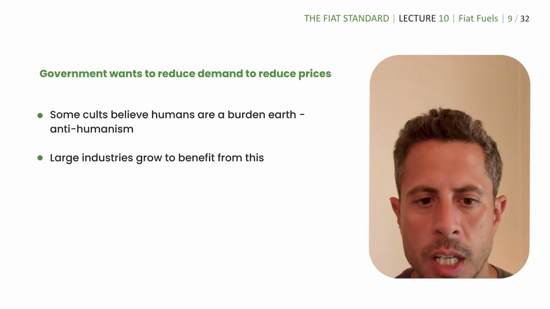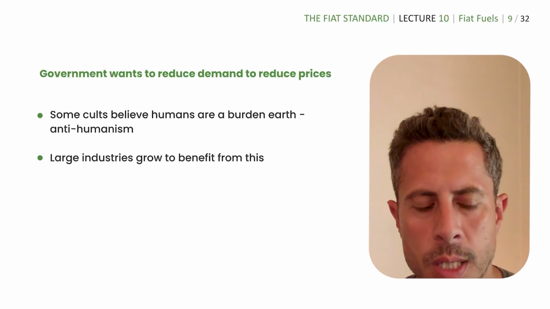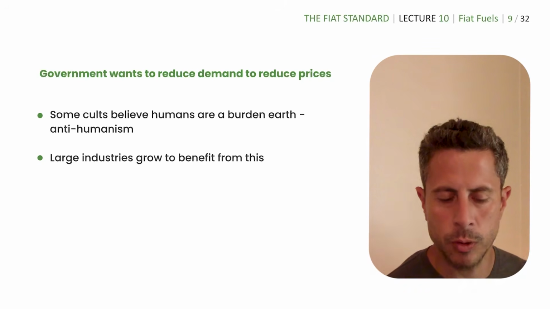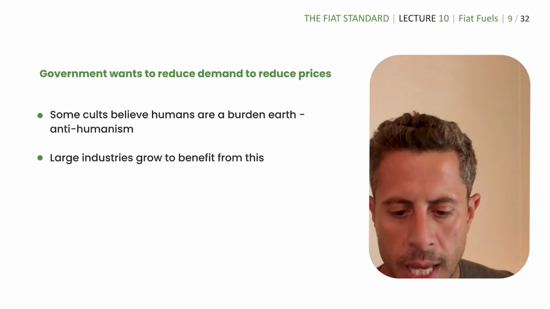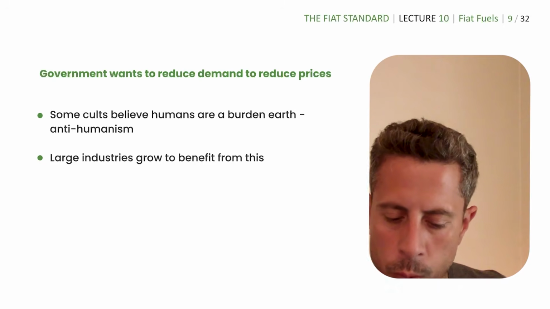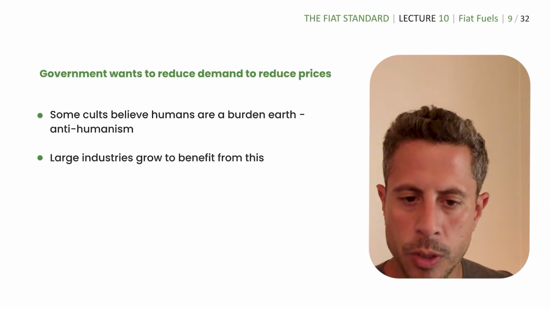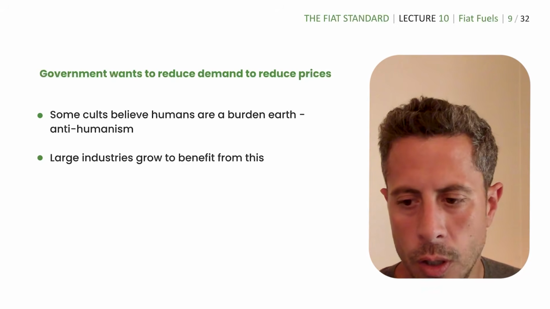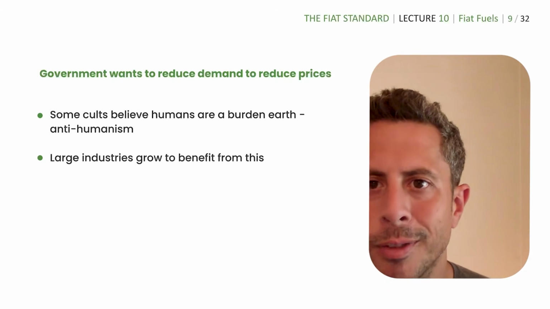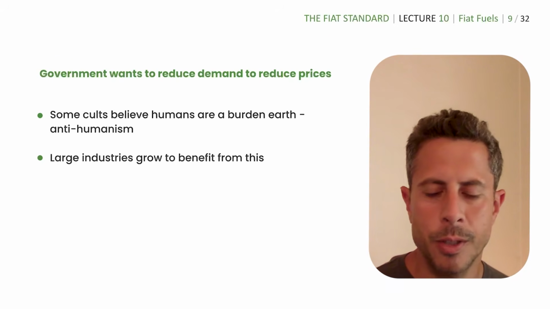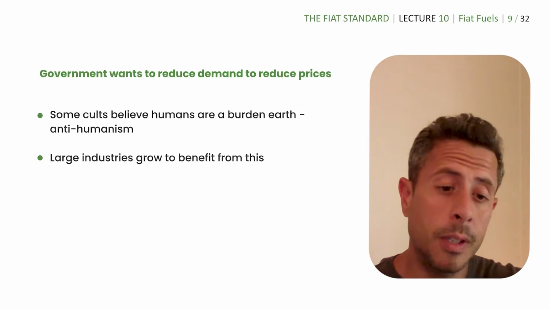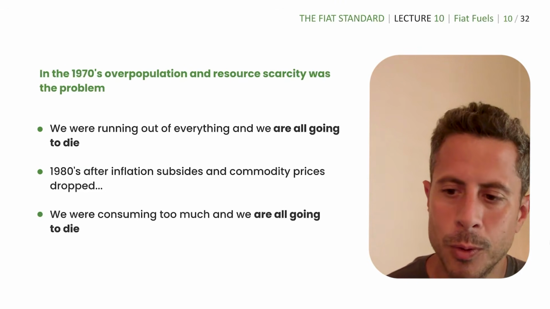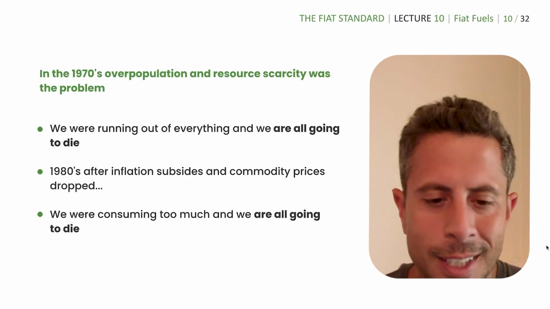On the one hand, government wants to reduce demand, to reduce prices, and some cults believe, and so we have government trying to get people to not use oil, and then you have all these religious people who are trying to get people to not use modern technology because it's bad for Earth, and then you have a giant industry of hucksters profiting from this, and that's the renewable energy industry, and it includes a lot of household name figures that you have grown to maybe love, maybe hate over the years.